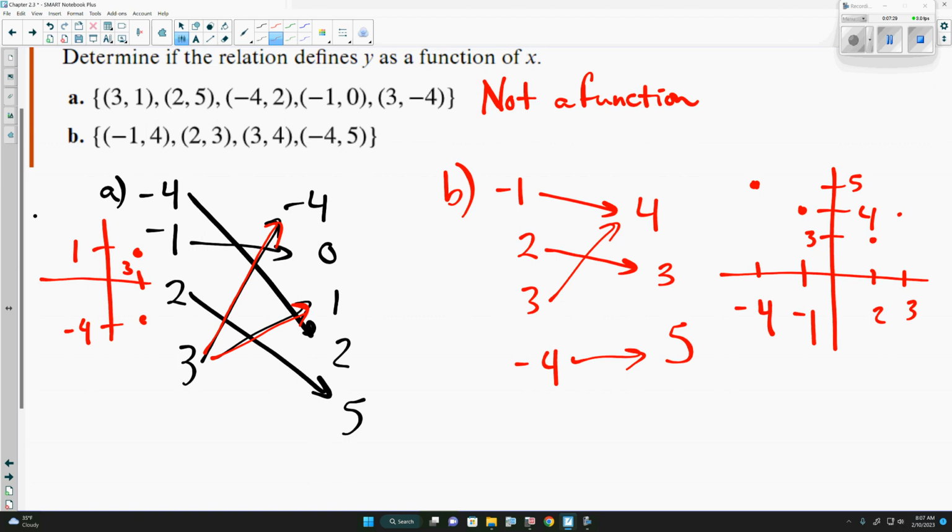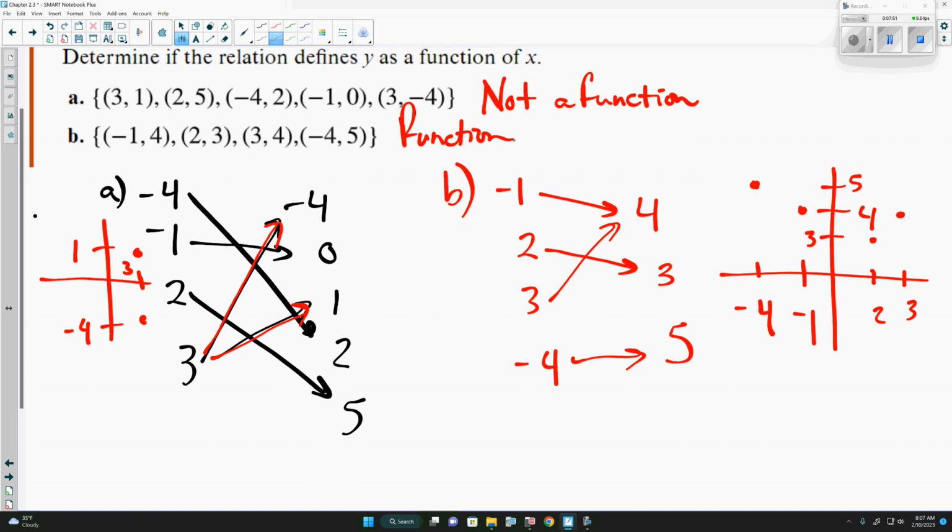At 3, we have 4. And that's it. Can we draw a vertical line through 2 or more of these points? No. So is this a function? Yeah, this one is a function.